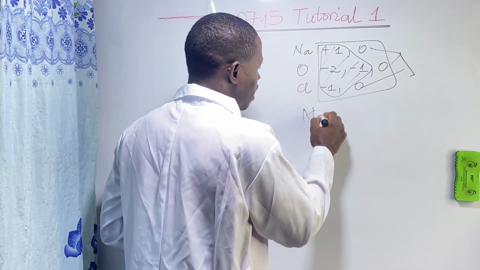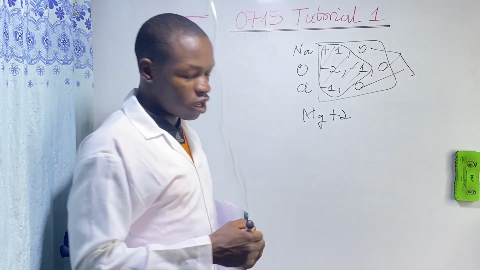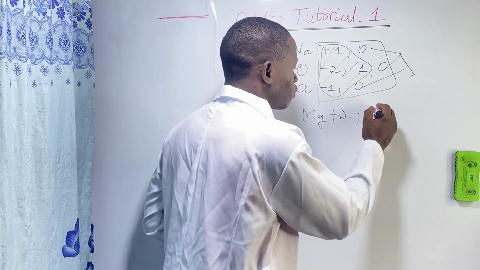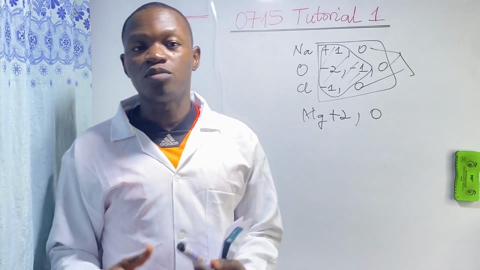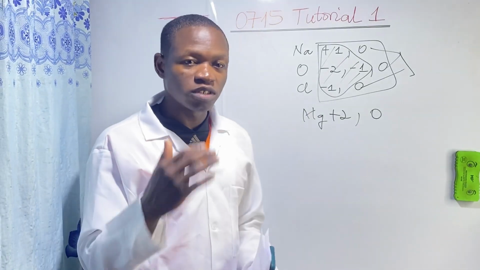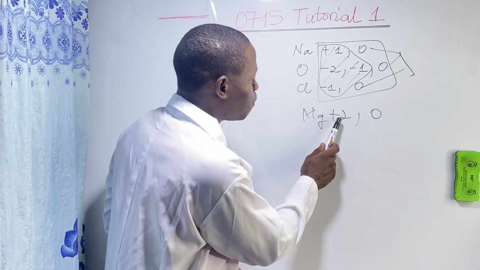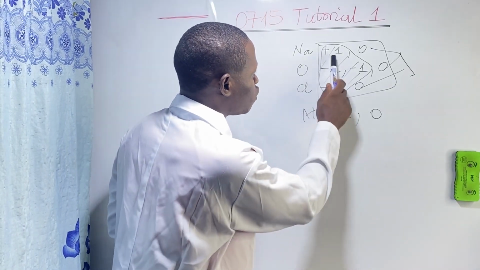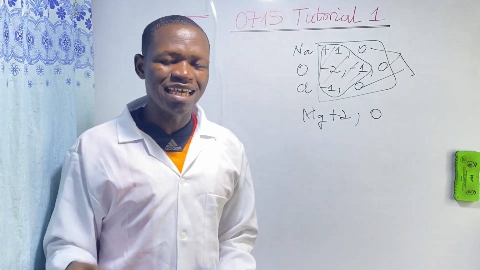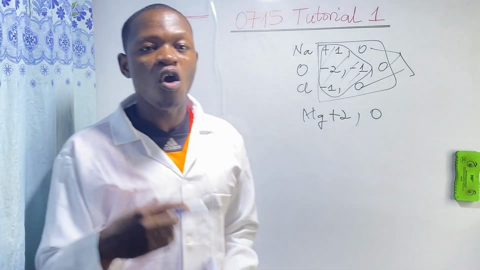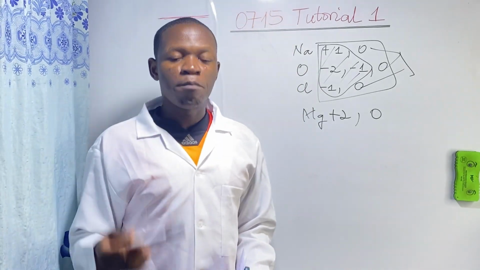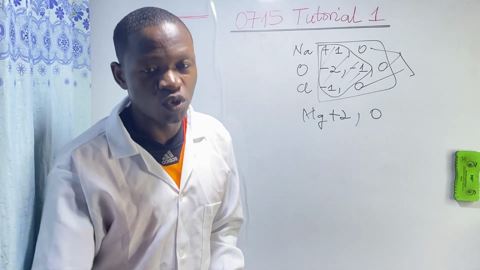Similarly, magnesium has an oxidation number of +2 when magnesium is in a compound or an ion, but its oxidation number is 0 when magnesium is in the uncombined state. So once again, oxidation number is either a positive or a negative number assigned to an element either in the uncombined state or in a compound or in an ion by the application of certain rules.